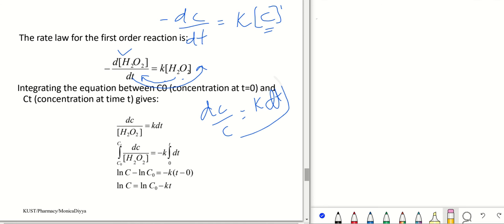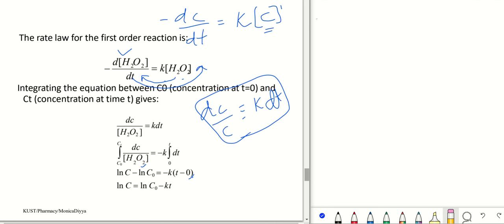So we are supposed to integrate this. dC by C, the concentration terms, is equal to minus K into dt. Minus represents a decrease in the reactant concentration. We are integrating as usual. The time interval at the beginning will be 0, so it will be minus kt.